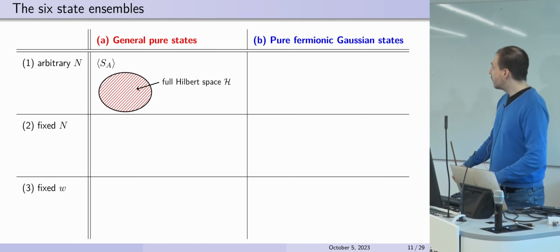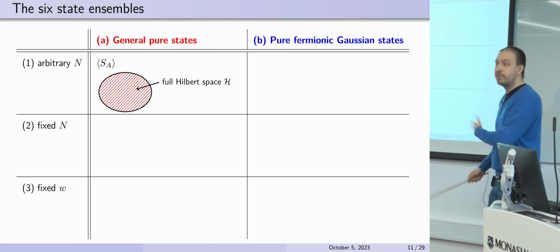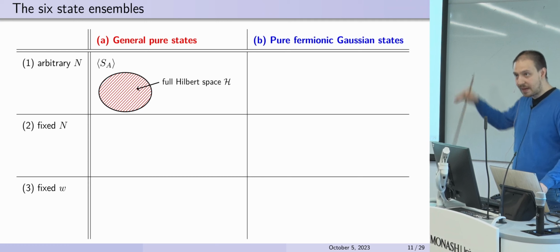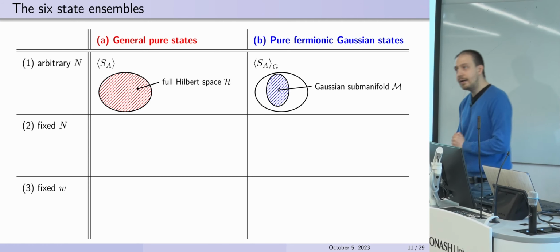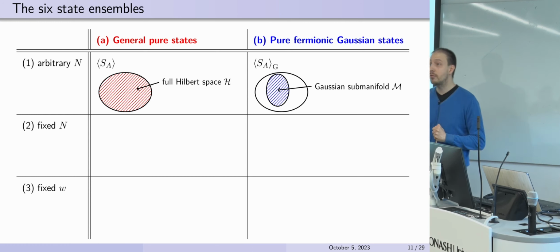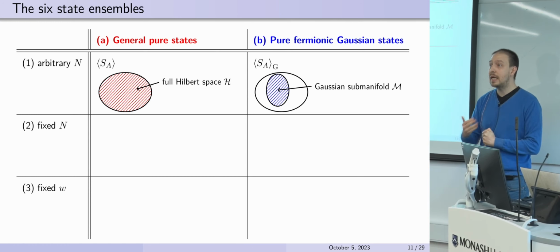And the first one is the case that I already looked at. It's just the full Hilbert space, all pure states, which was already done by Don Page. But it should be part of these ensembles. Then another class of states that plays an important role in the context of free and integrable quantum systems are so-called fermionic Gaussian states.